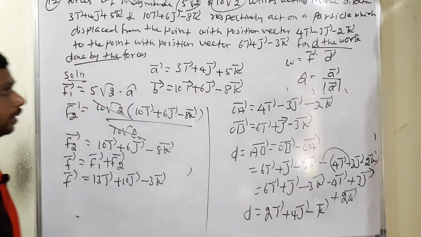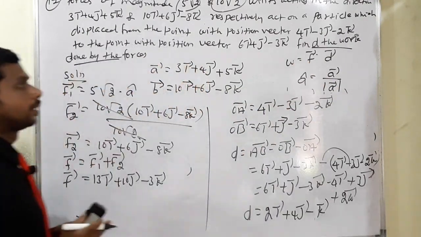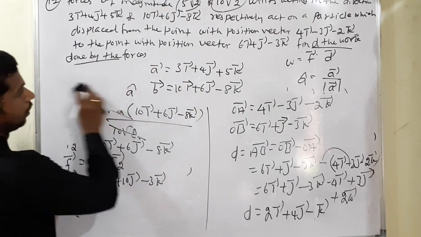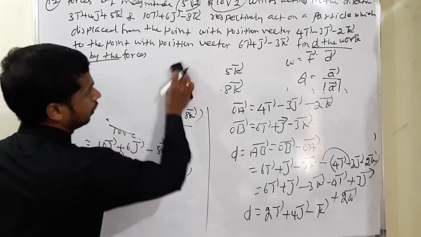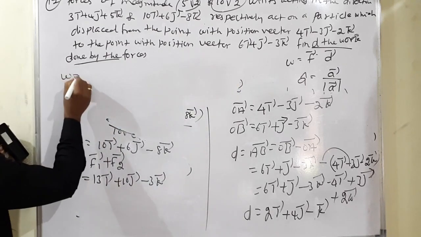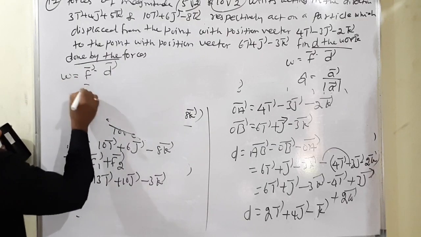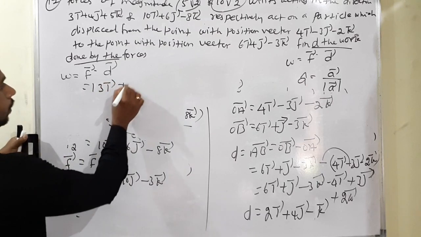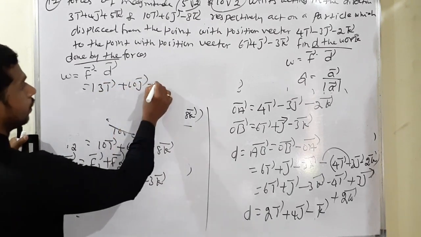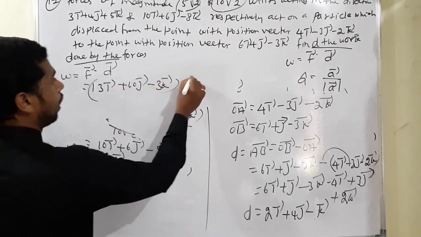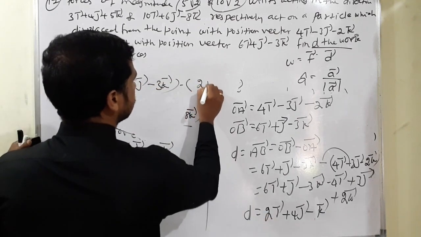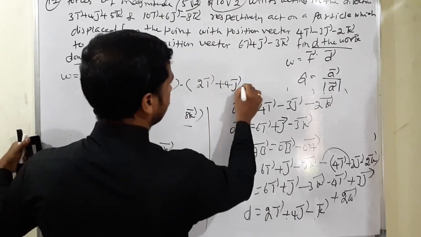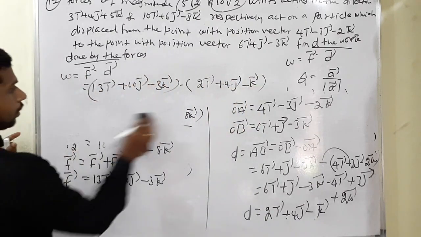So work done, what is the formula? Work done means F vector dot D vector. Therefore F vector, 13i vector plus 10j vector minus 3k vector, dot D vector, 2i vector plus 4j vector minus k vector.